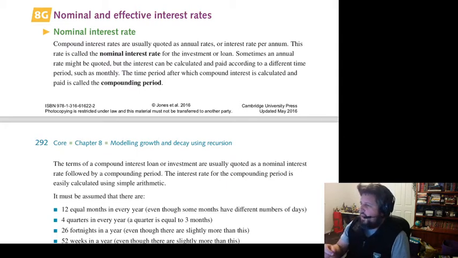So you need to read the questions carefully and look at what the compounding period actually is.